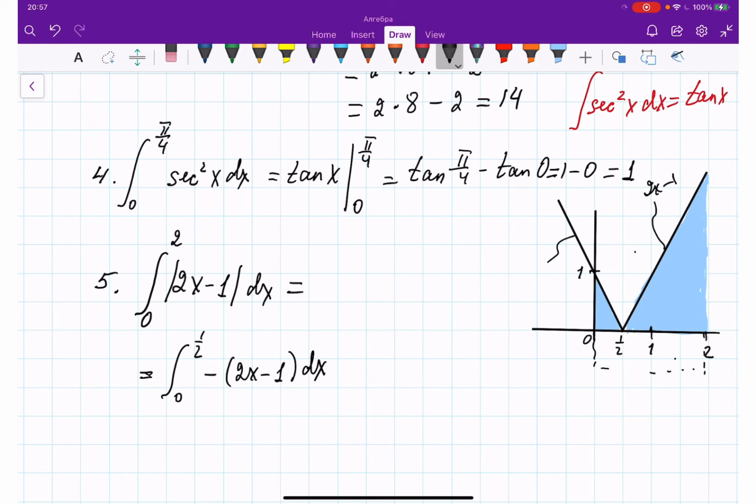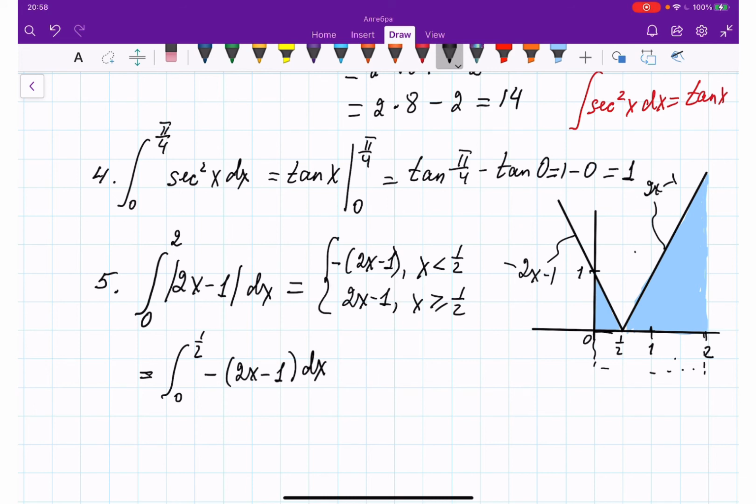This is negative 2x minus 1, which we get from this absolute value, and we get what? Negative 2x minus 1 when x is less than 1/2, right? Which is this piece. And positive 2x minus 1 when x is greater or equal to 1/2.